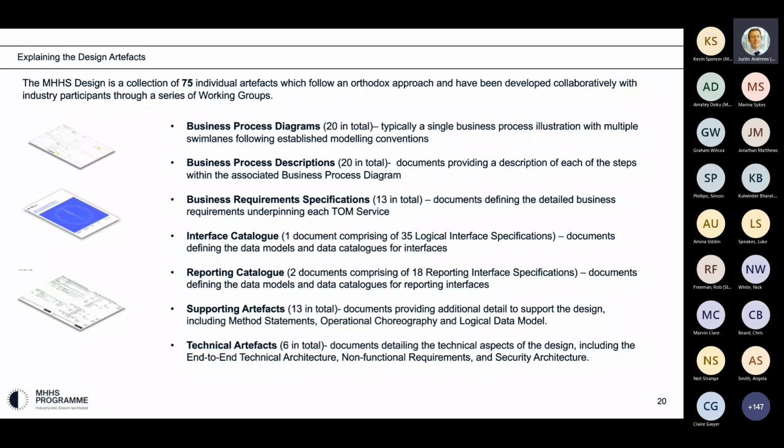I would need to check with the rest of the design team whether and how we can release that. But what you've got in the individual design artifacts now are a list of all the new ones and all the ones that are being modified for market-wide half-hourly settlement. So the only thing that's missing out of that is what's not changing.